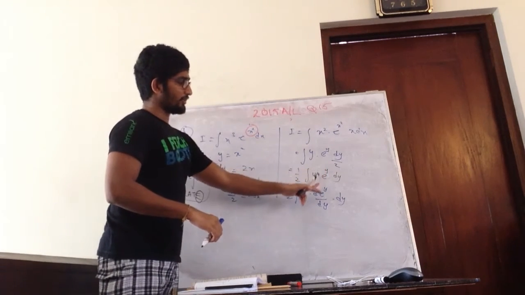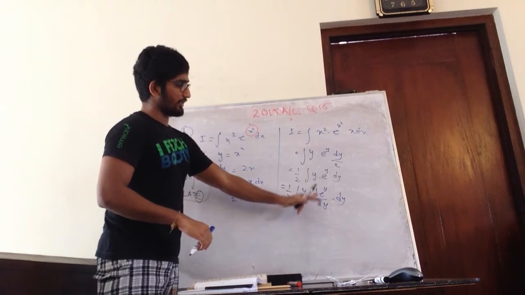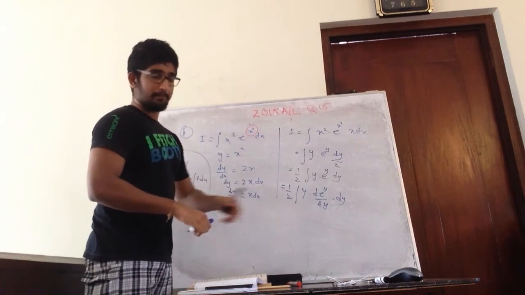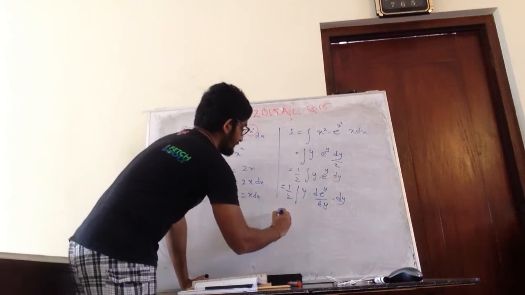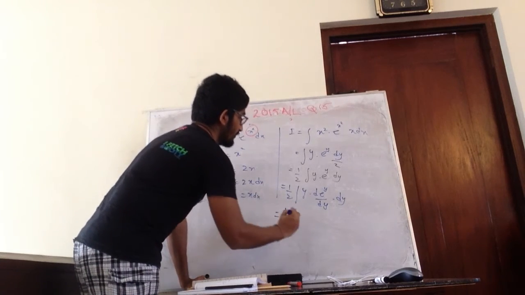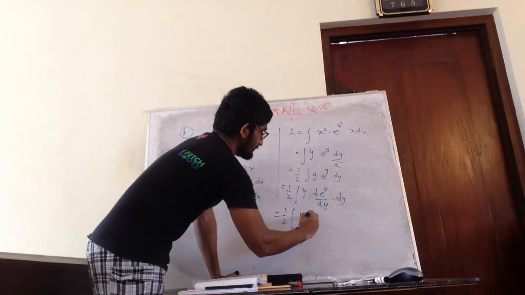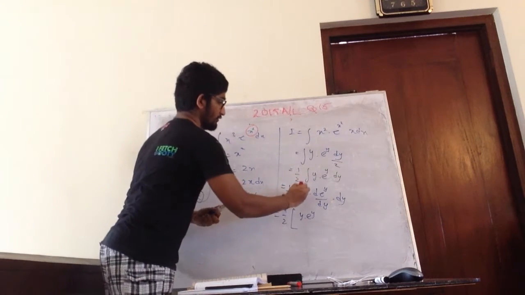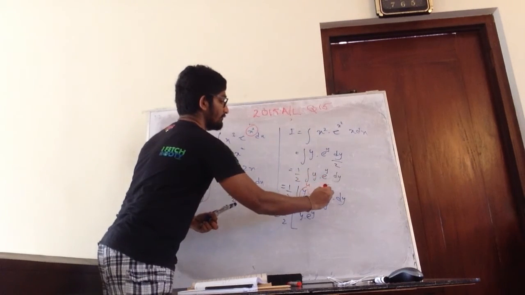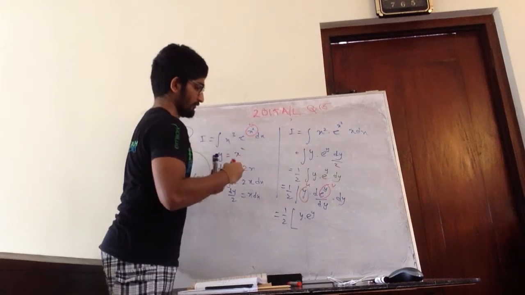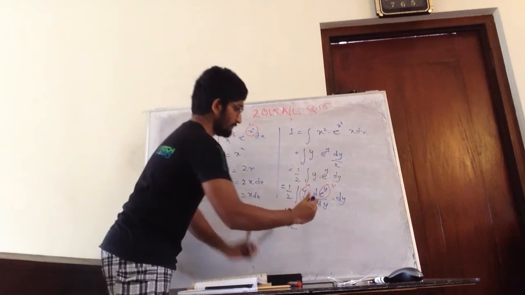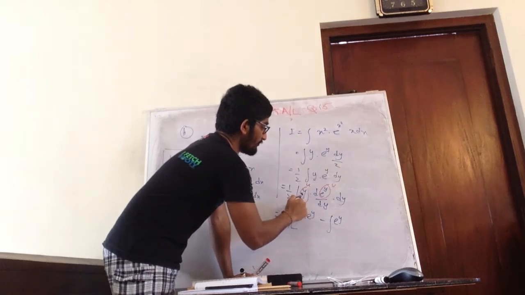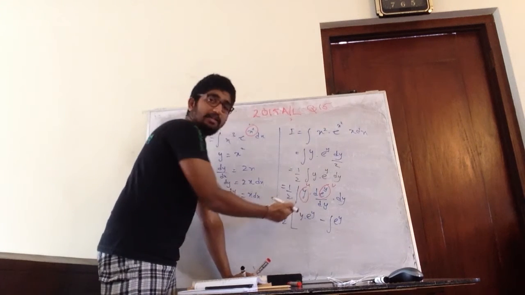So you can get v by integrating e to the y dy. So that is what I have done. Then I can write this as one half, y e to the y. So now this is u, this is v. Minus then what? e to the y times the derivative of u.